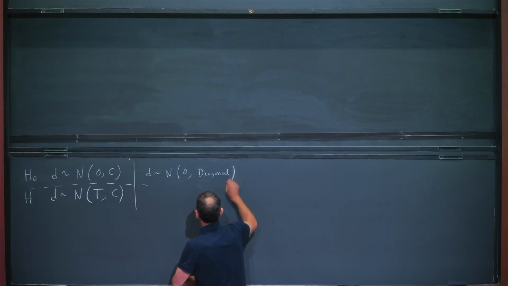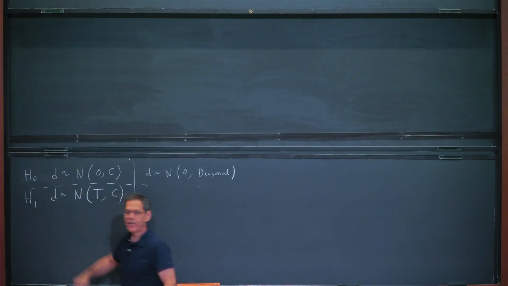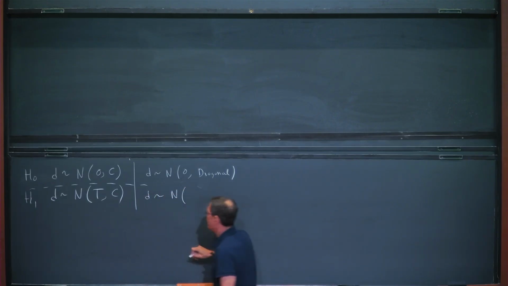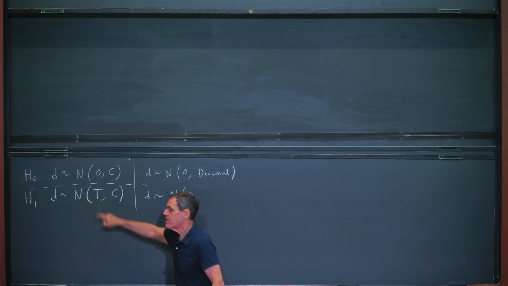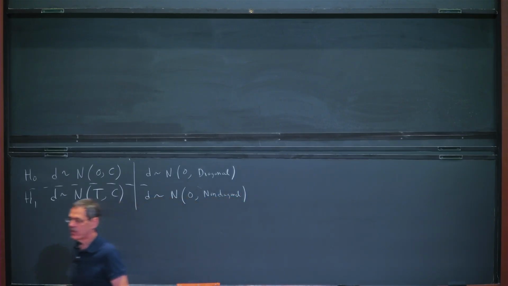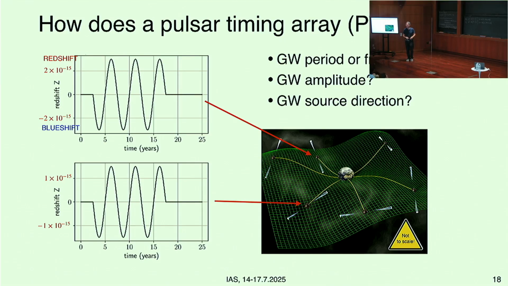There's no cross-correlation terms, whereas the signal hypothesis H1 is that the data is drawn from a normal distribution whose mean is still 0. That's the difference. But whose covariance matrix is, I'll just write non-diagonal. And that's because it reflects the correlations caused by the gravitational waves between the different pulsars. And so that's today's task. I'm going to be calculating that, at least getting started on that.